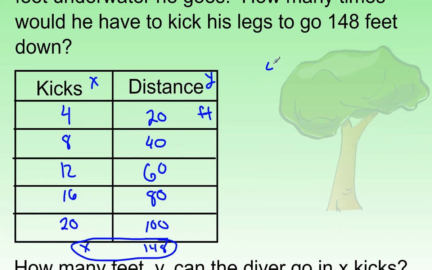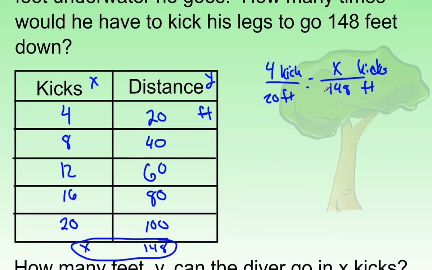So we know if he can go 4 kicks and he goes 20 feet, how many kicks, K, there we go, to go X feet. So let's see, we want to know how many kicks to go 148 feet. See, kicks, kicks, feet, feet.